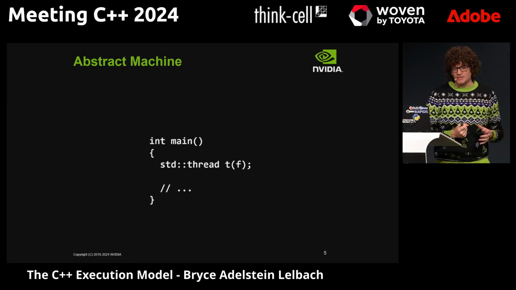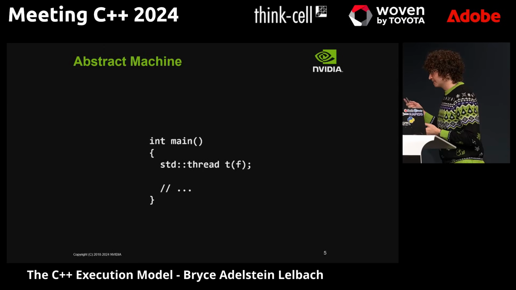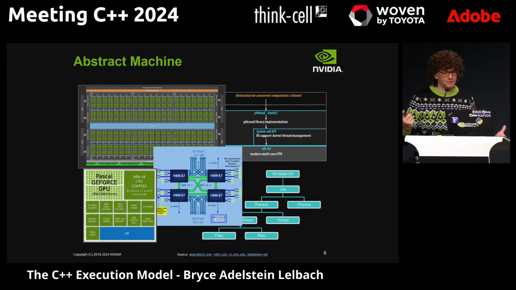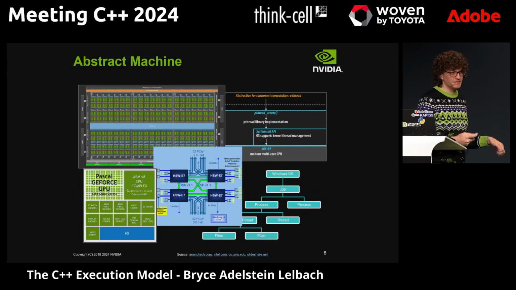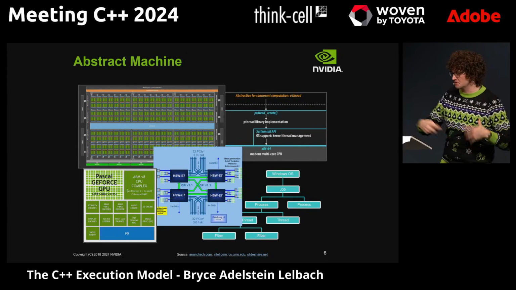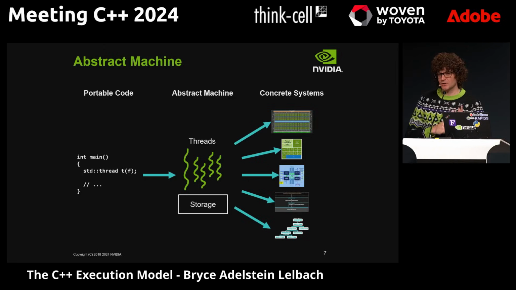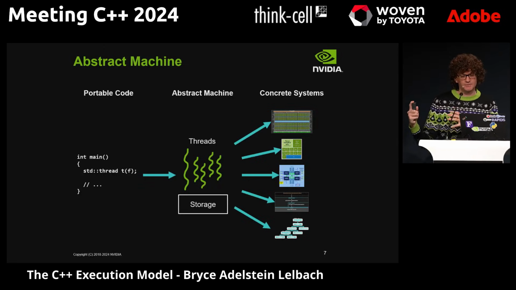So the idea is that you write portable code, and then you want to deploy it on a diverse range of concrete systems, where a system is a combination of hardware, operating system, and compiler. And so your code gets mapped onto the semantics of the abstract machine.